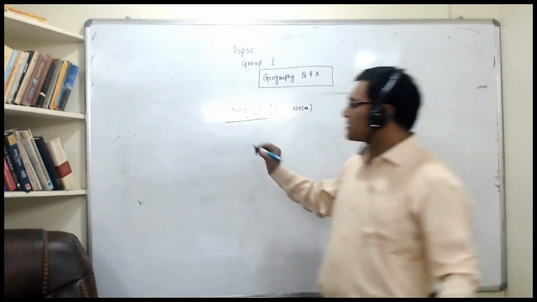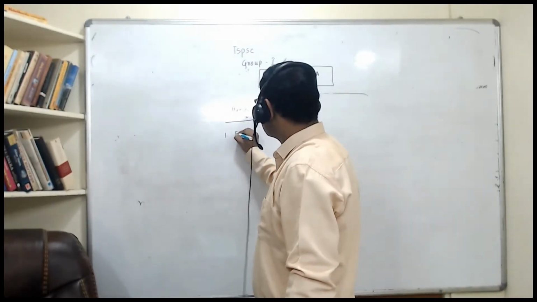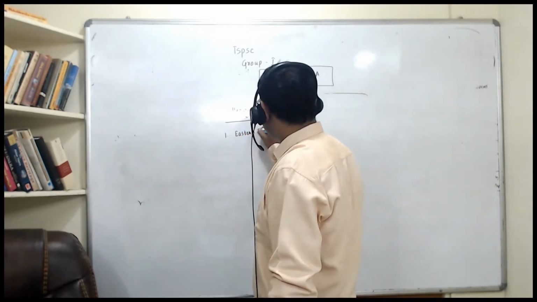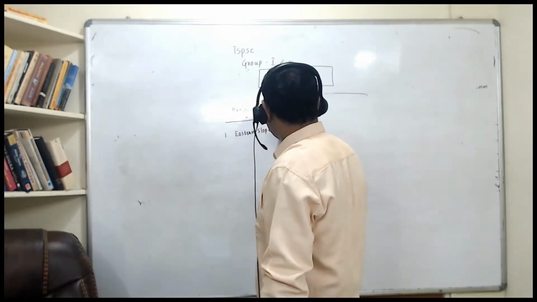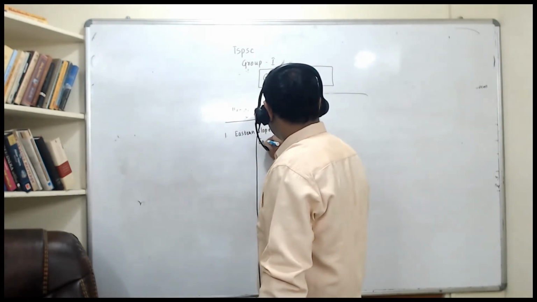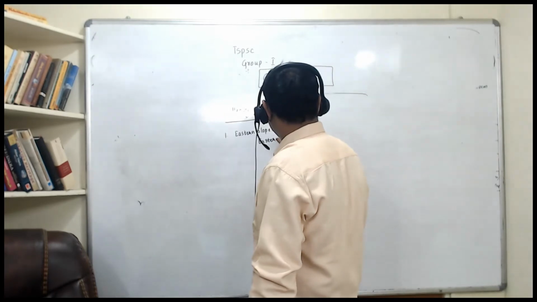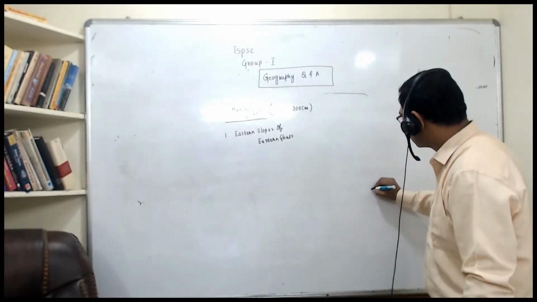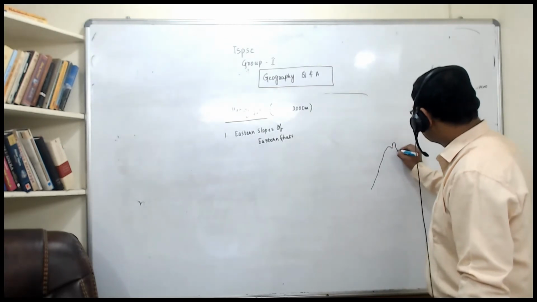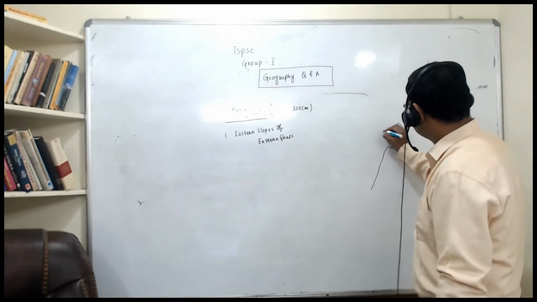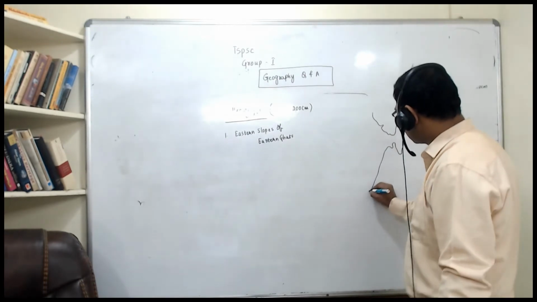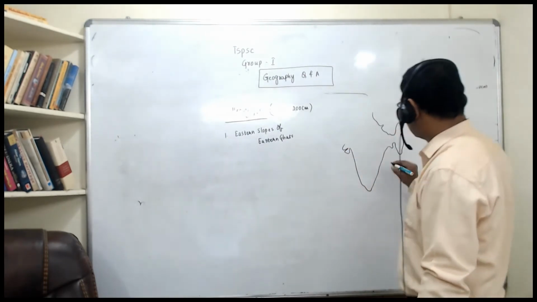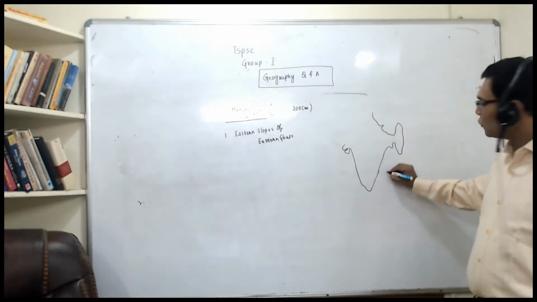Then first I'll write the eastern slopes of the Eastern Ghats. Sorry, the eastern slopes of the Western Ghats. I'm really sorry. Here these are the western slopes, and these are the eastern slopes of the Western Ghats.